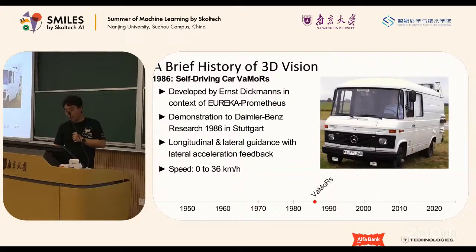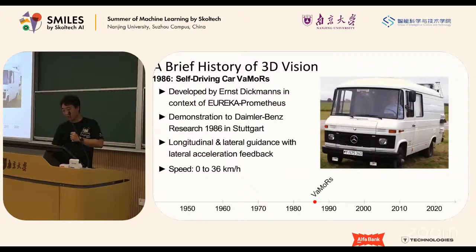Actually, nearly 40 years ago, the community had already tried to develop self-driving cars. Maybe it can be called the earliest self-driving car, like the Waymo. The vehicle developed by Dickmanns was an important early self-driving vehicle.